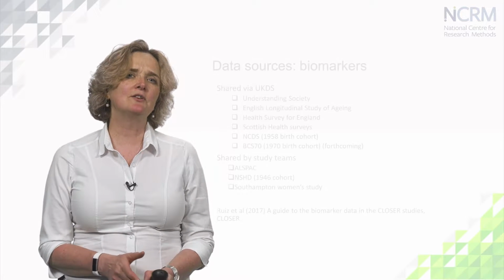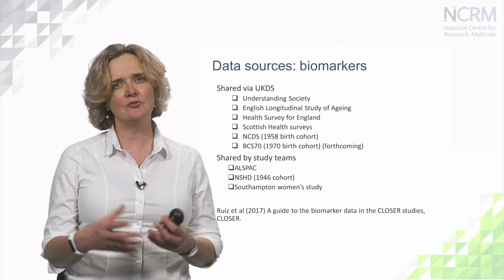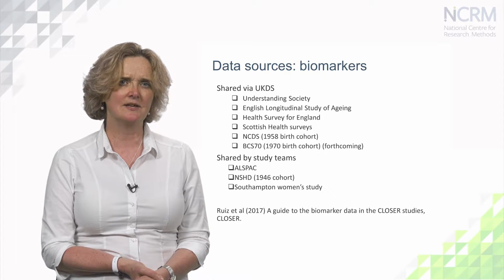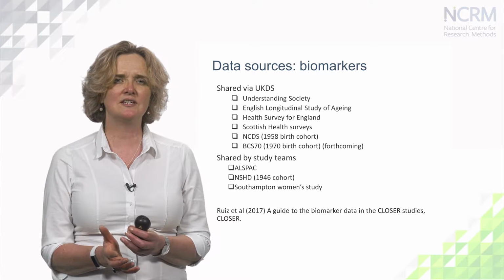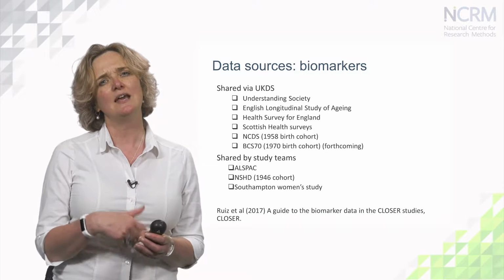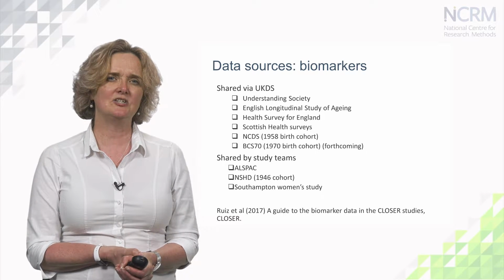So first of all, quite a few studies in the UK have added biomarker data to the rich social information that they collect from their respondents. So a number of the longitudinal studies have done this. For example, Understanding Society, which I'm involved in, has collected biological data across the whole adult age span.